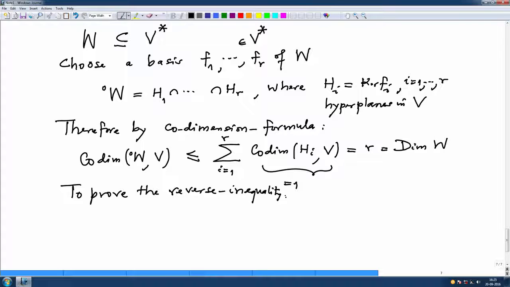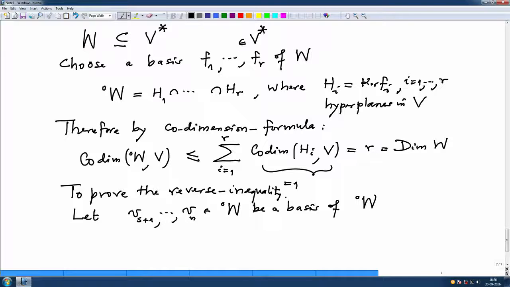Now what do I do? Let us choose a basis of left circle W. I will call it V s plus 1 to Vn, a basis of left circle W. This is a subspace of V. So, I choose a basis and I number it like this.